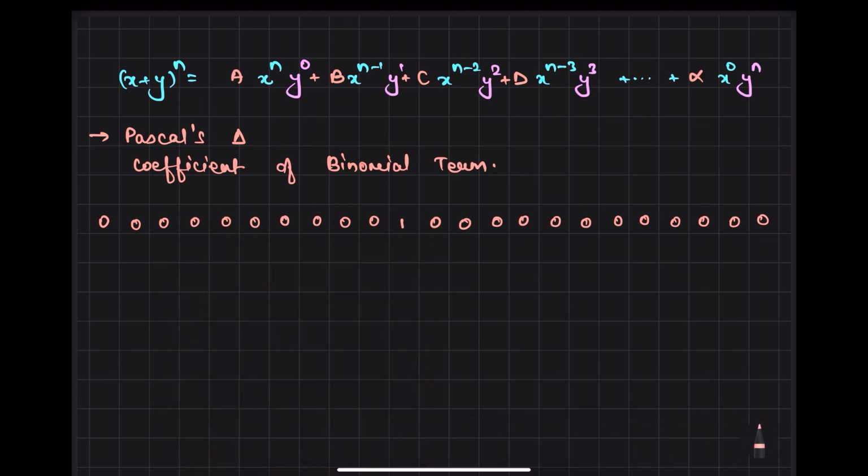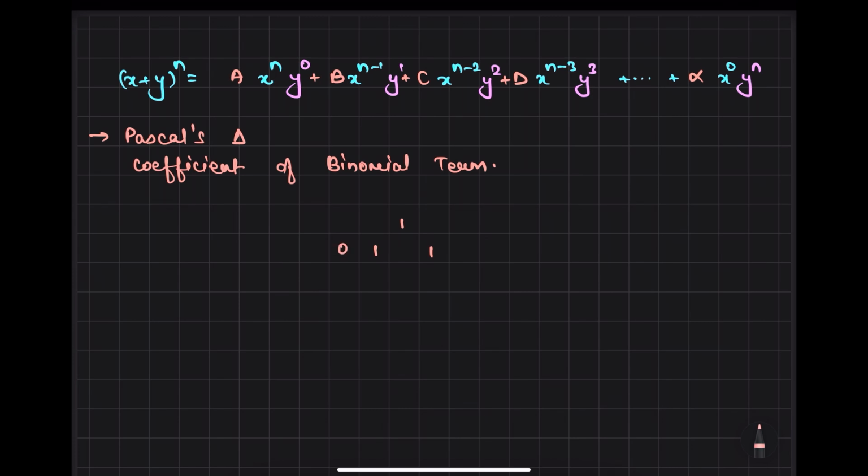On the next row, you will add these two things to write down the next term. If you add 0 and 1, it will become 1. So this is your next row, and the remaining places will be 0.